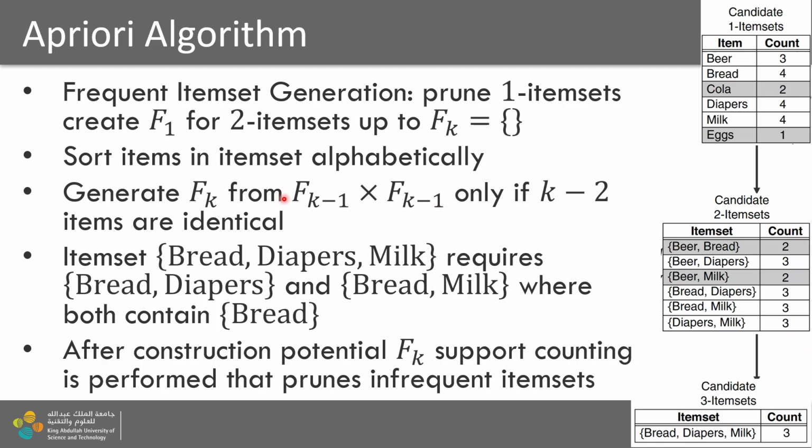So we will combine 2 elements, but only in such a case if the first k minus 2 items are identical.